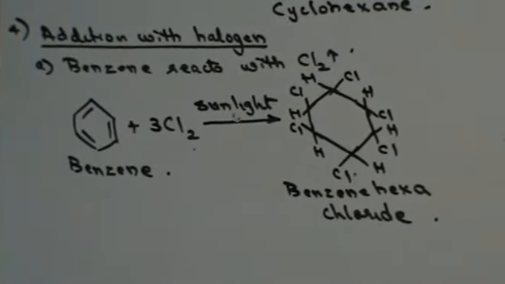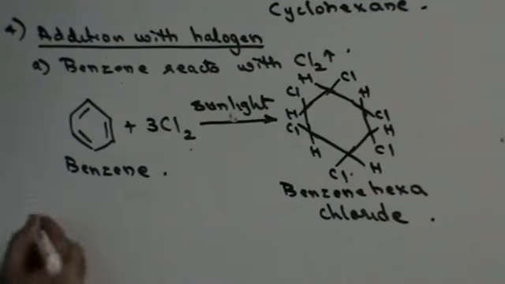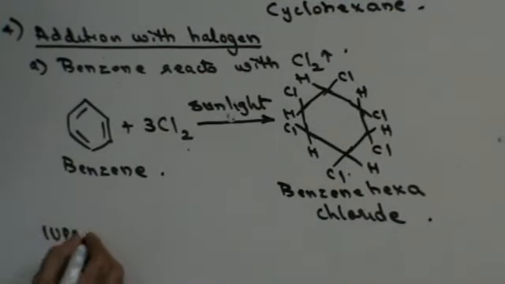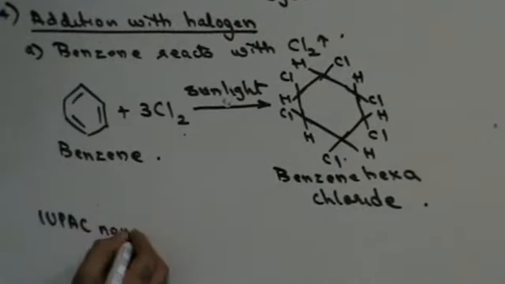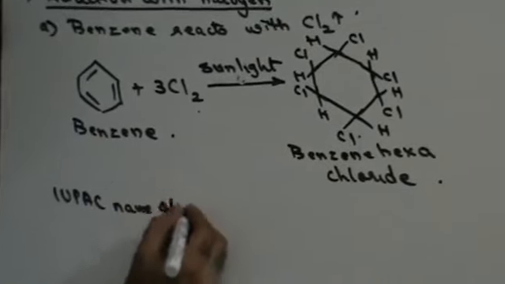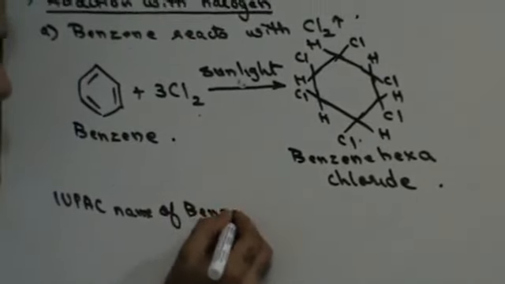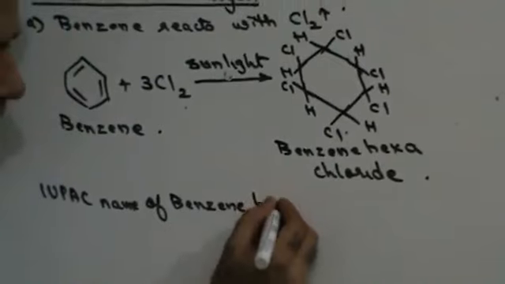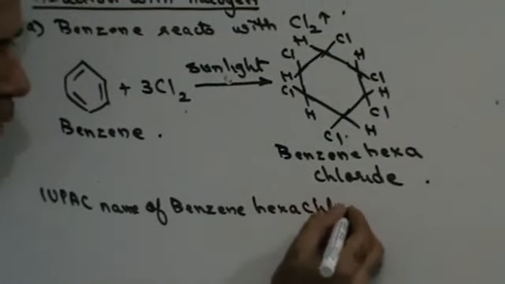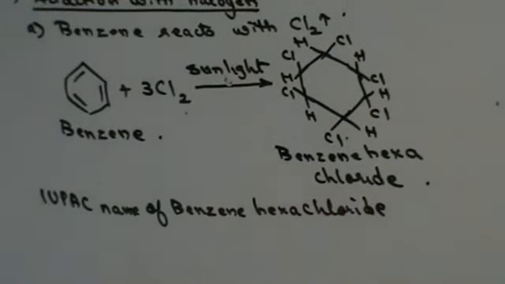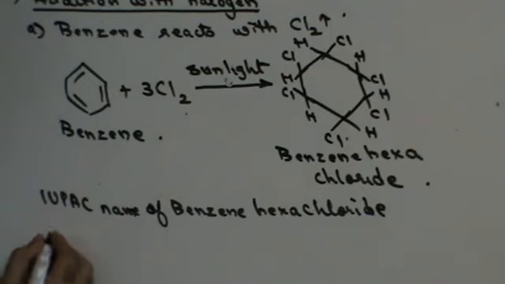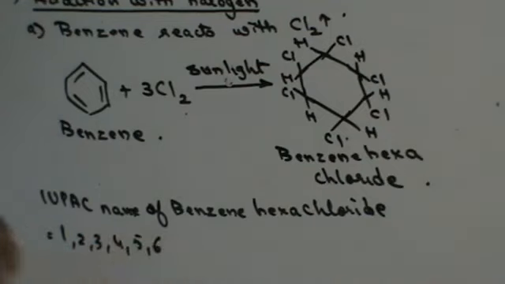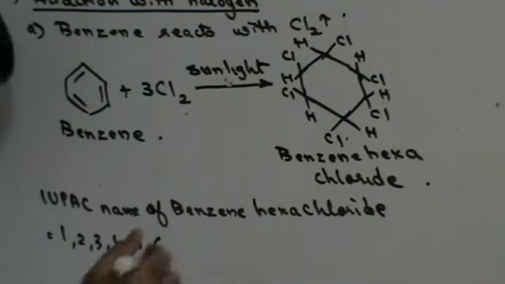Suppose I want to know the IUPAC name for this. Now look at this, chlorine is attached to every carbon atom, so 1, 2, 3, 4, 5, 6. Chlorine is attached to all the 6 carbon atoms.